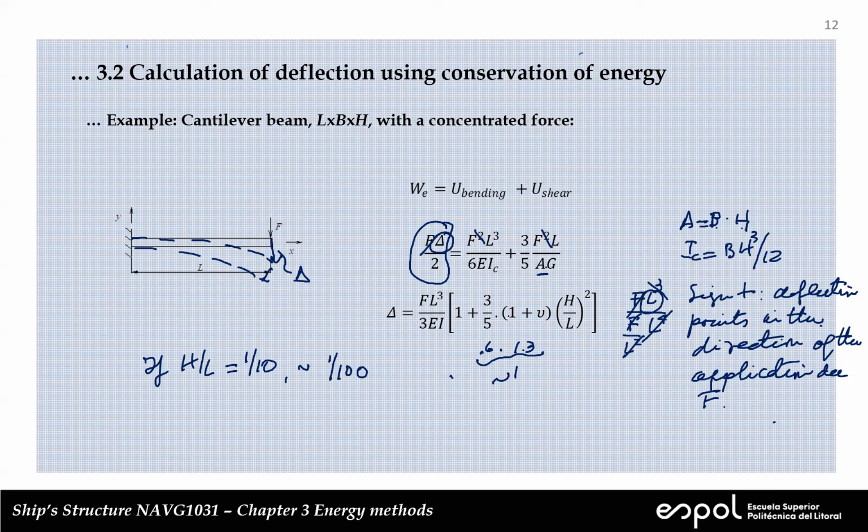So if we have an h over L lower than 1/10, that means that if we neglect this term, the error will be smaller than 1%. And so in the typical calculations, we say that if h over L is less than 1 over 10, in general, we consider that the shear effects are small. That's what we usually say, okay?